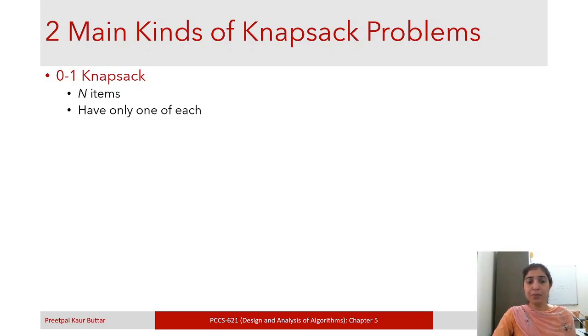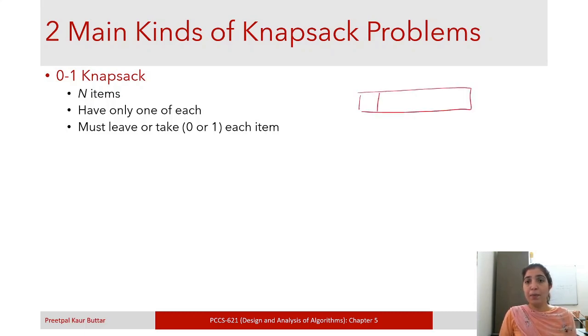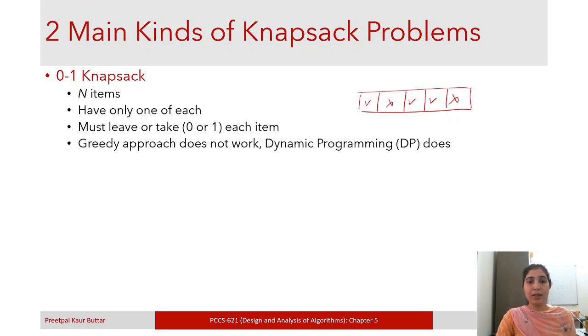It means you must leave an item or take an item. So pick item 1, leave item 2, pick item 3, pick item 4, leave item 5. That is called 0-1 knapsack. In such kinds of problems the greedy approach does not work, the dynamic programming approach works.